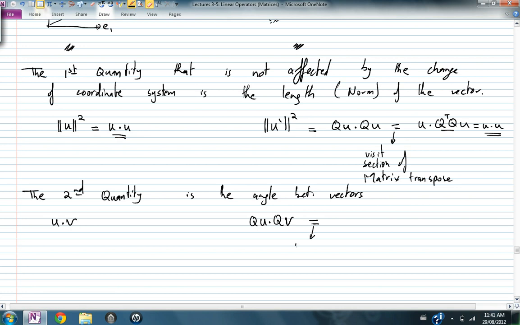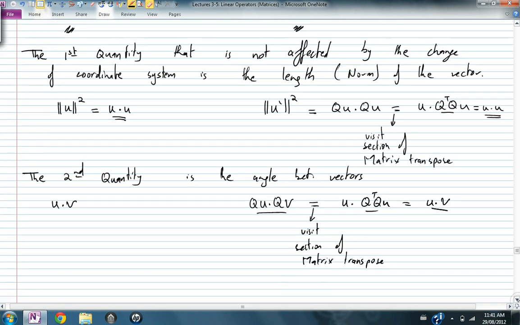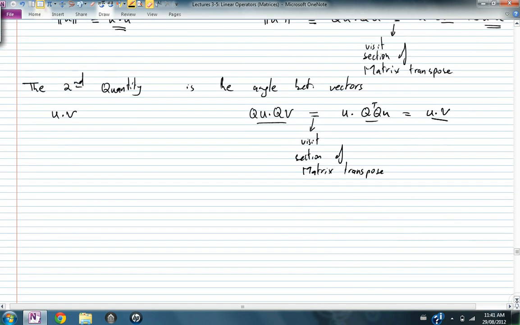Again, visit the section of matrix transpose. This is equal to u dot q transpose q v. Q transpose q is equal to I, so u dot v, which means this quantity does not change between different coordinate systems. So if I have vectors, their length stays the same, and the angle between those vectors stays the same.